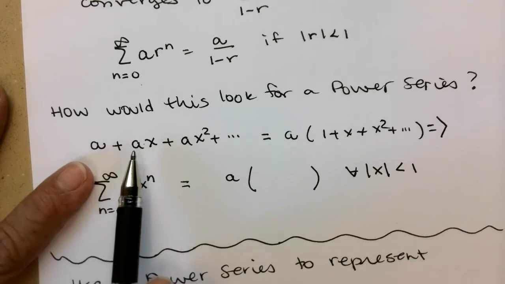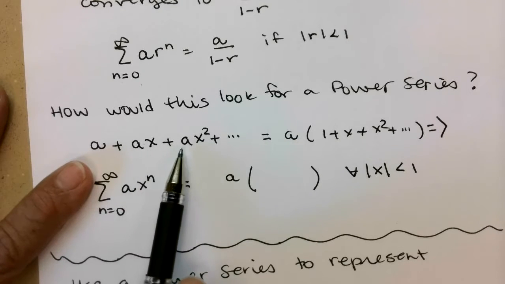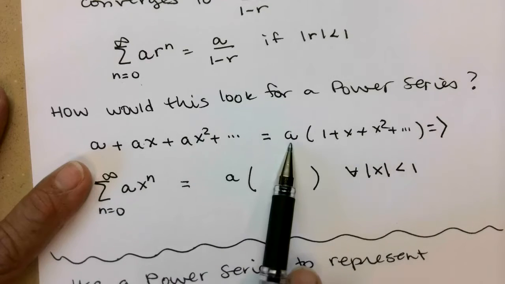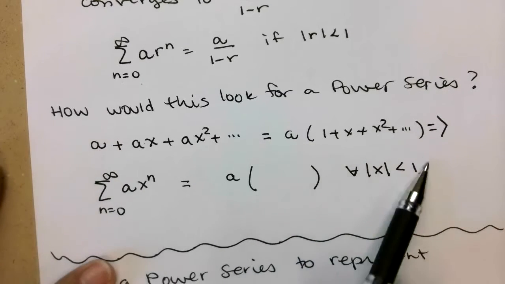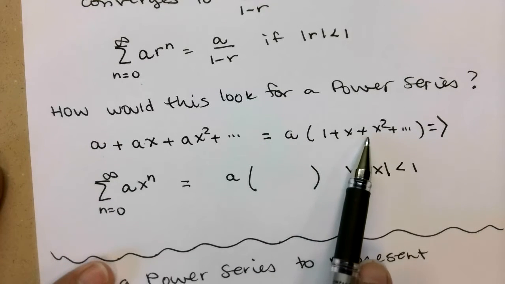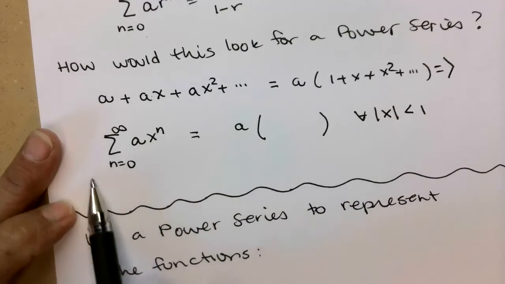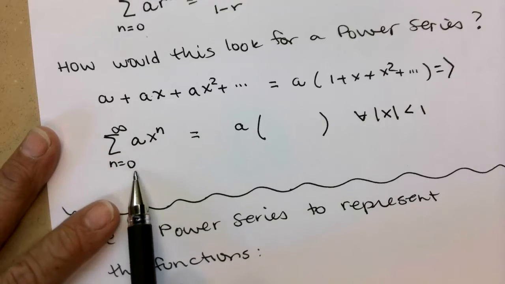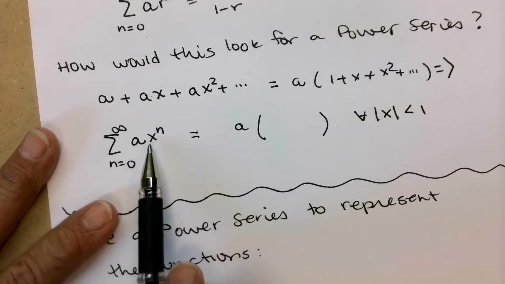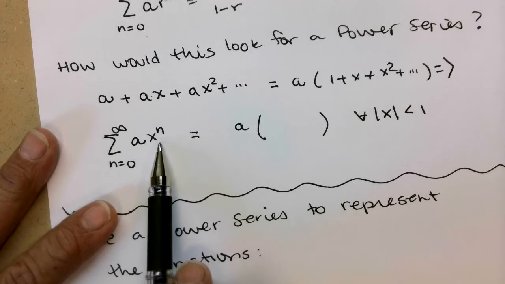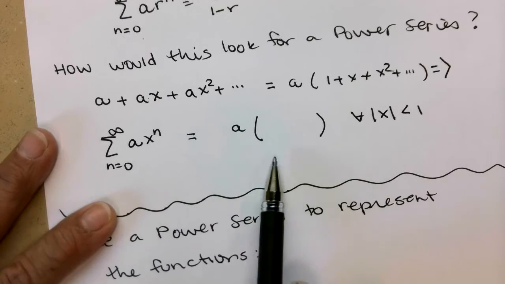So then it would be a plus ax plus ax squared, and so on, and you can factor out the a. So now I have 1 plus x plus x squared plus x cubed, and so on. Writing that in summation notation, n from 0 to infinity of a times x to the n, what is that going to equal?